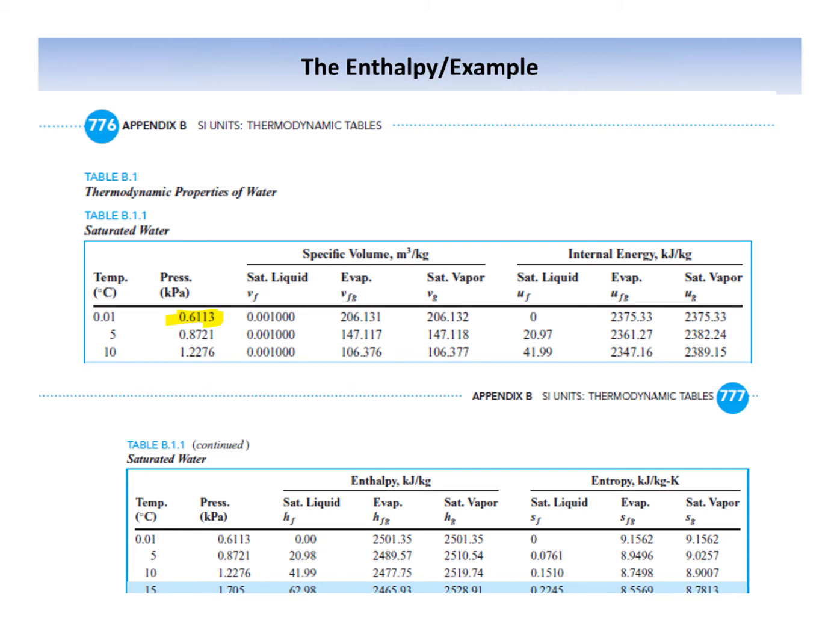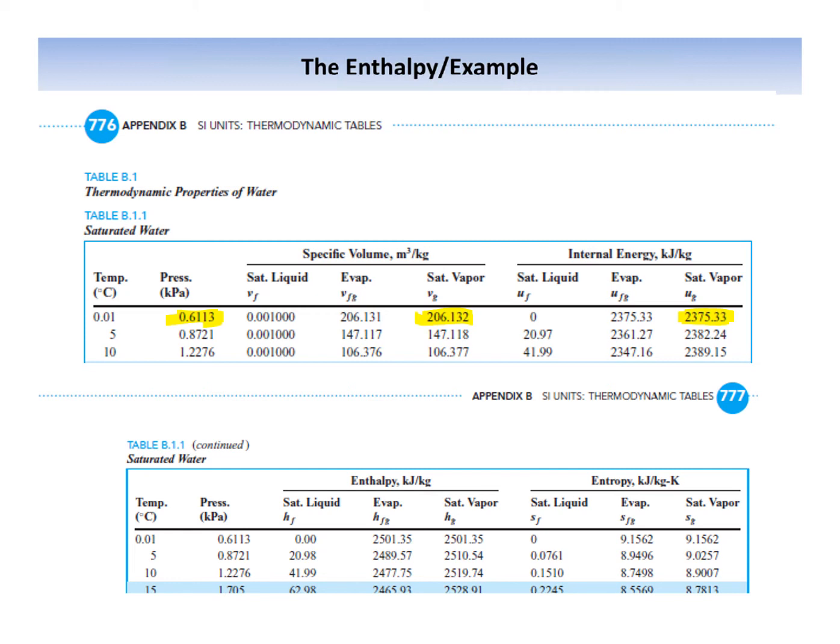Since we said that we have saturated water vapors, the volume of the system must be 206.132 meter cube per kg. And what should be the internal energy? Since we are talking about saturated water vapor, Ug, 2375.33 kilojoules per kg must be the specific internal energy of the system.